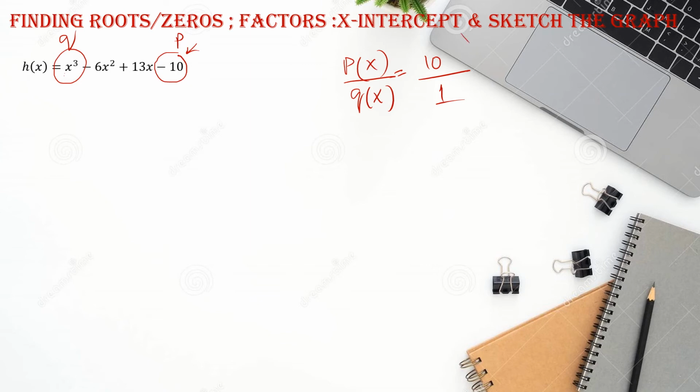Now let's write down the factors of 10. So 10 goes in the table of 1, in the table of 2, in the table of 5, and also 10. And the 1 has only one factor, so just write 1, 1, 1 and 1.